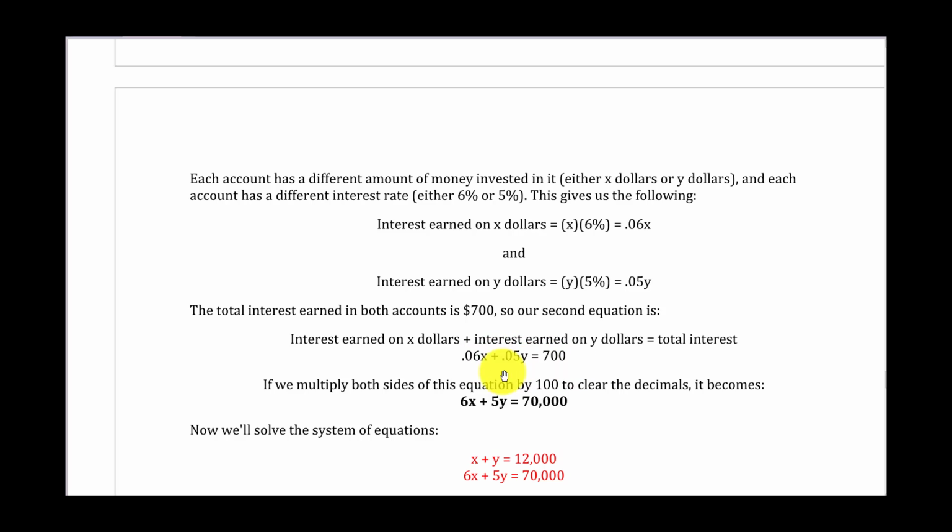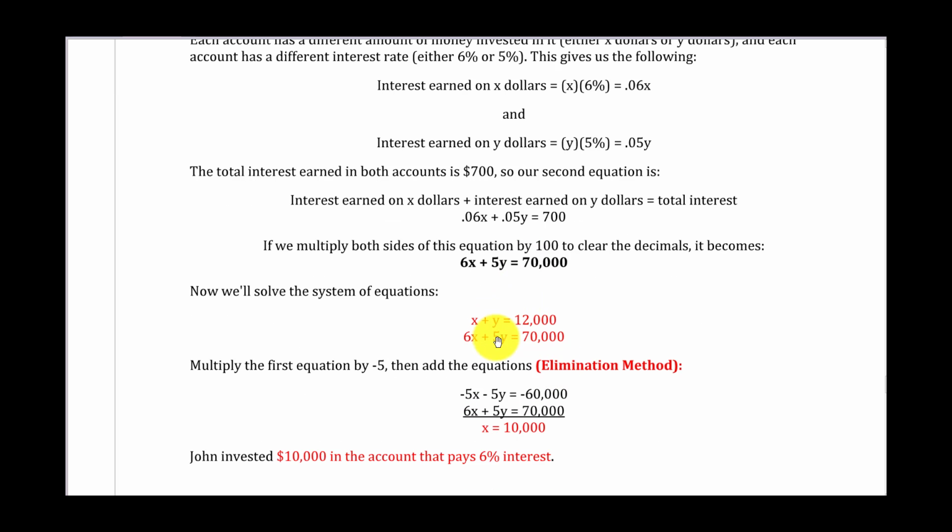However, to simplify that equation, we can multiply both sides by 100 in order to take away all the decimal places on the left side of the equation. So now you should end up with 6x plus 5y equal to 70,000. And this is the second equation that you are trying to solve to get x and y.